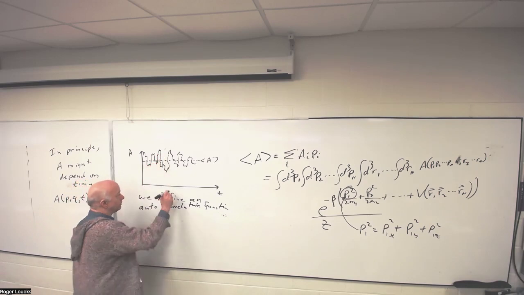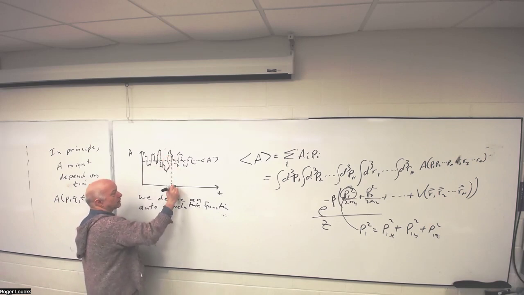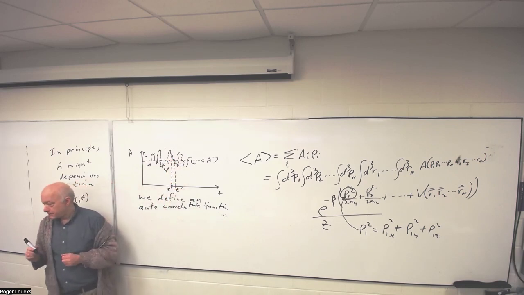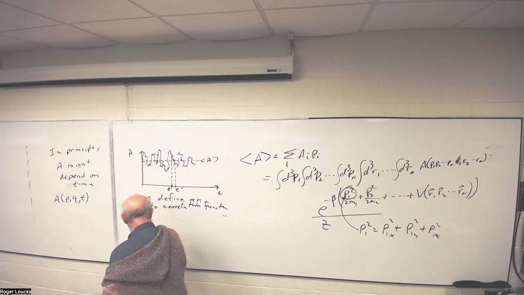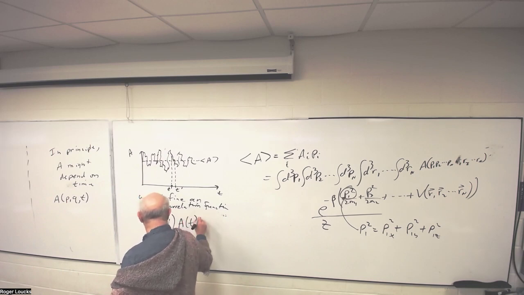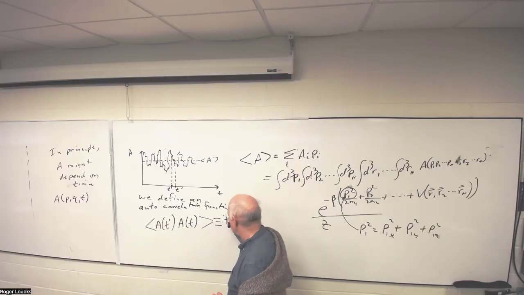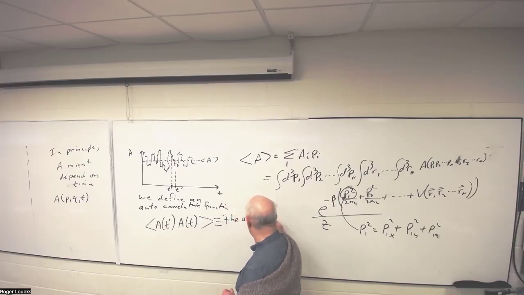So I have some time here, at some point t, and some other time over here, which I'll call t prime. So I'm going to have this A at t prime and some A at t, and I'm going to look at the average of that right here. And this is, by definition, the autocorrelation function.